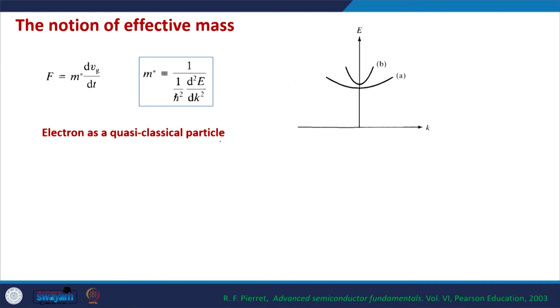So, now we will see what the implications of this equation are. The first implication is that the electron can be considered as a quasi classical particle, and there is an interesting scenario which actually arises in many solids. For example, if a solid has an EK relationship in which the EK plots are like this, we have two curves very close to each other, but these curves have different curvature.